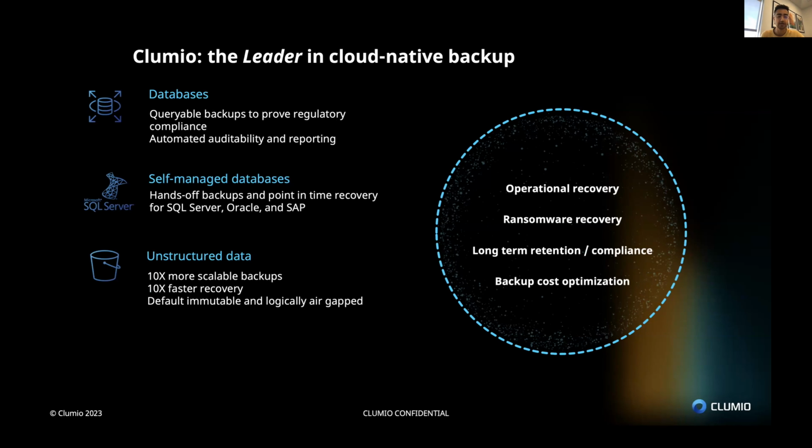And of course, other applications and critical data that may be leveraging EBS, EC2, as well as file services. And Clumio also does organizational data protection for M365. So Clumio can essentially help you automate the backups of all of the things that you see on the left for the use cases that you see on the right.